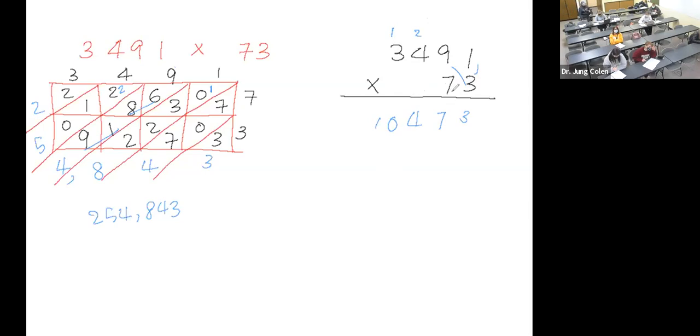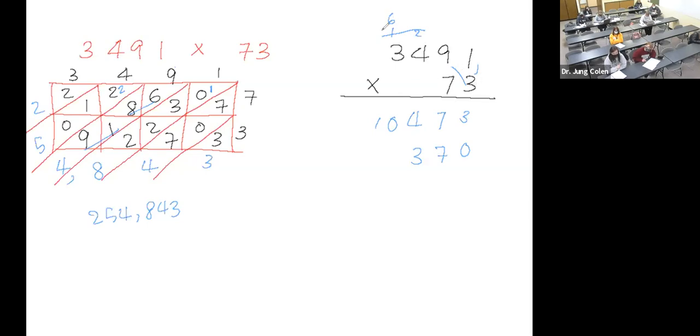Now we need to work with 70, not 7. So we start from the tens digit, right? So we need to put 0 there. 7 times 1? 7. 7 times 9? 63. So that 6 goes actually here. You don't have to think about this because we are done with multiplying everything by 3, right?